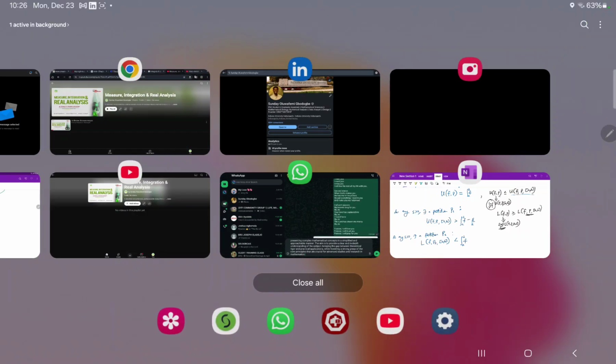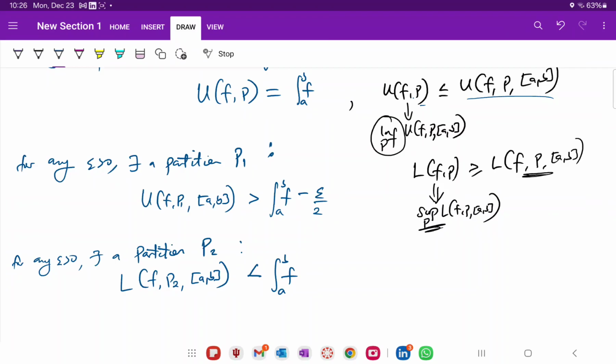Sorry, this should be plus, so that will make it strictly greater than. Take note of this, that should be plus, so that will make it strictly greater than, and then this will be negative, and that will make this strictly greater than that.